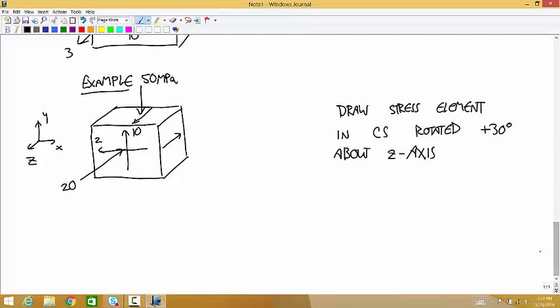So our new stress cube is going to be something like this. Okay, it's just rotated 30 degrees about the z-axis.